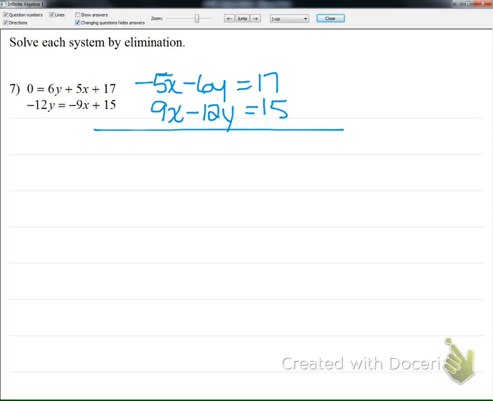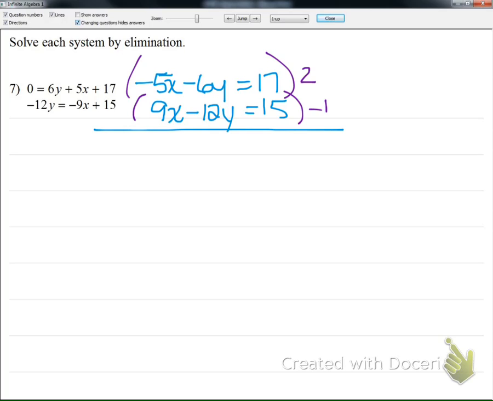Alright, but I am going to use that trick I was trying to explain to you about multiplying just one equation to equal the other. But because they are the same signs, I do need to make one of them a negative. So I can put the negative down here and multiply that whole equation by -1 to make them opposite signs.